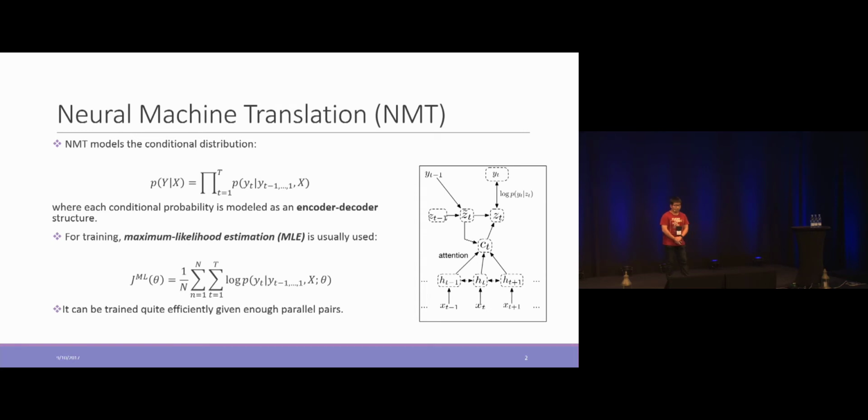For training, people usually use maximum likelihood estimation, which essentially maximizes the probability of the ground truth translation Y at each time step, given the source sentence X, and it can be trained quite efficiently given enough translation pairs.